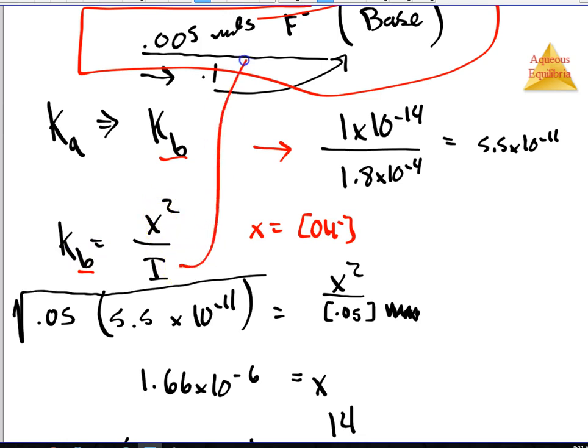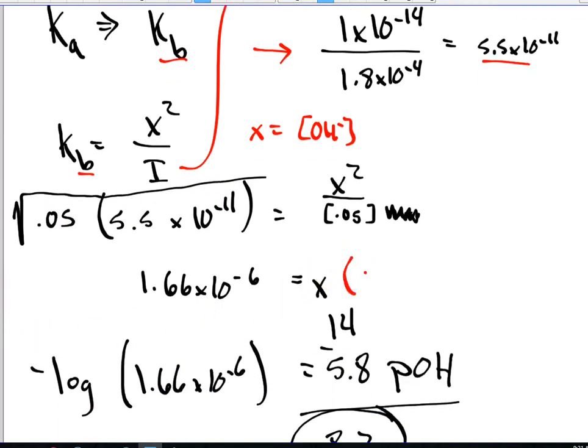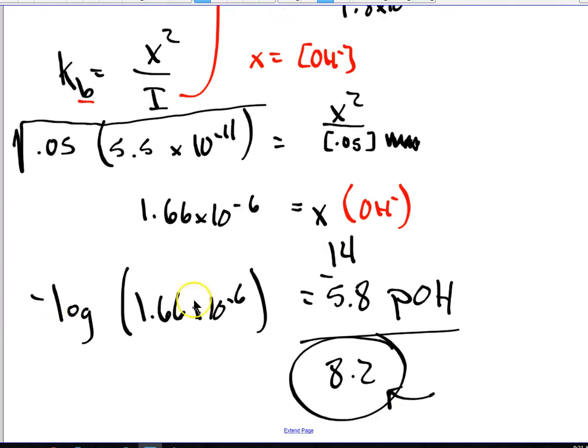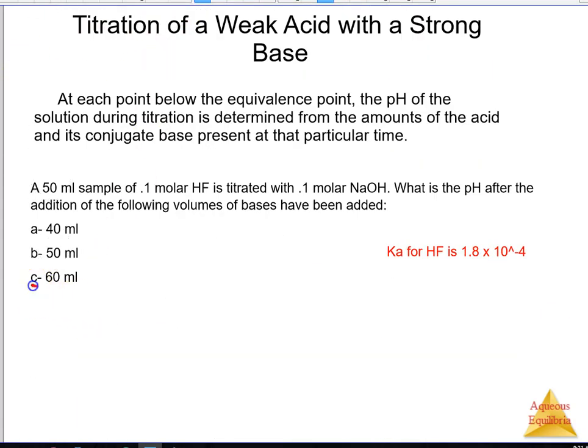We do the math. We solve for x. X is technically the OH minus concentration. So we take the negative log of that, which gave me pOH, which I subtract from 14. It's a lot to put in a nutshell. Like that's a gigantic walnut shell right there. We're not talking, whatever, pine nut. Okay, part C is not that bad.